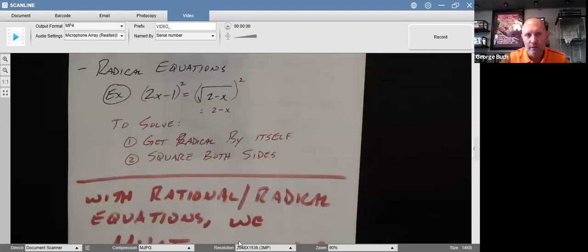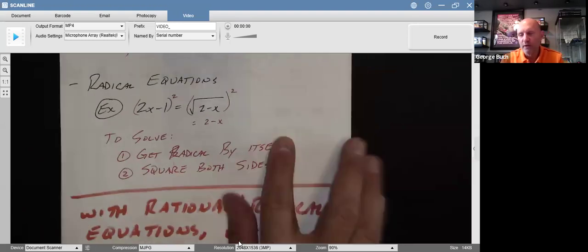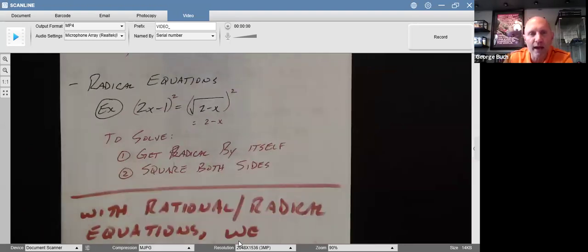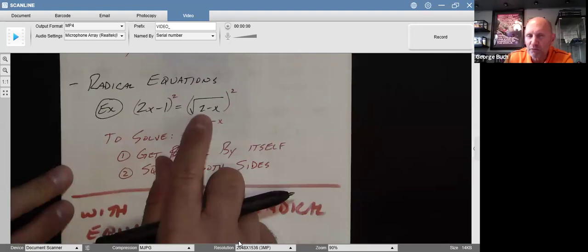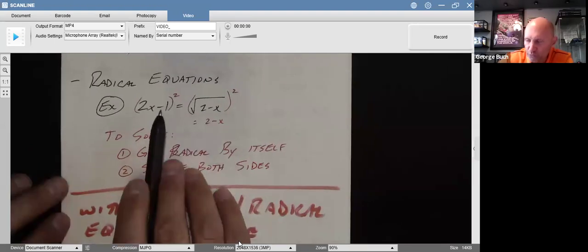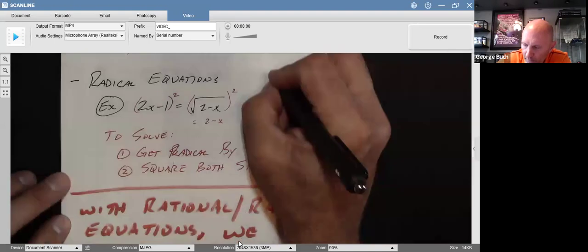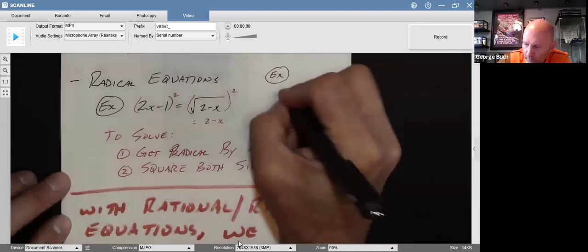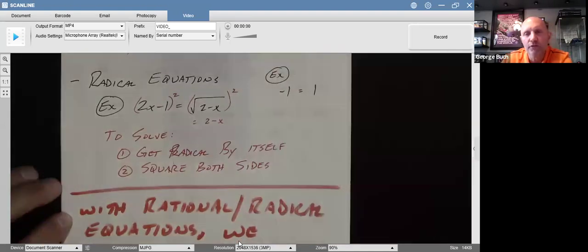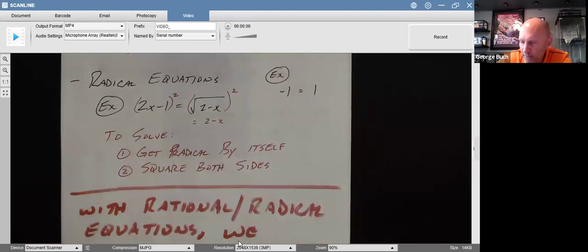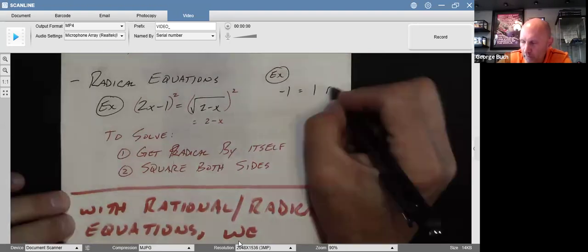And similarly, with the radical equations, because I squared both sides, I might have created an equation that's not really true. So say, for example, is this true or false? -1 equals +1. Well, obviously that's false.